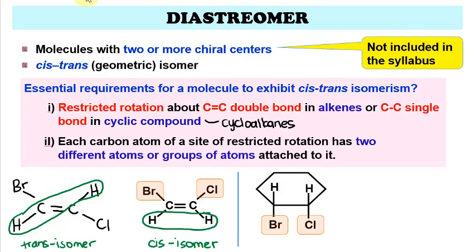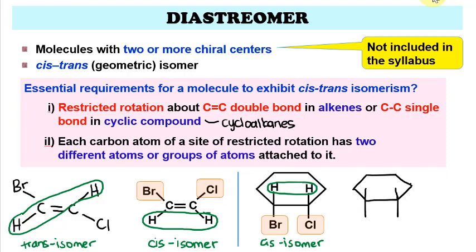The same goes for our cyclic compound. When the two atoms are placed on the same side, this is a cis isomer. To draw the trans isomer, I'm going to copy back my cyclic compound. For the cyclic compound, we draw it on a plane, and take out the two bonds, up and down.